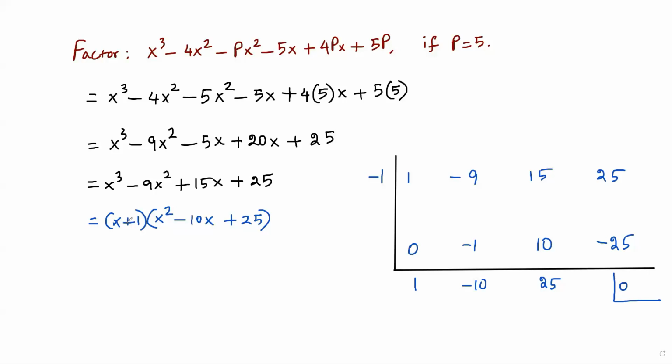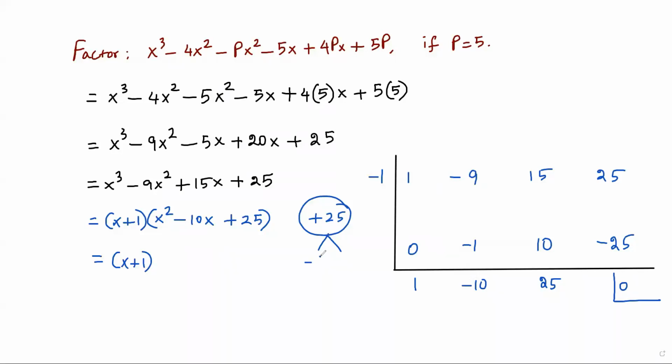Okay, now I got two factors of this cubic expression. Further, I can factor this one because it's a quadratic expression. So now I can factor positive 25. I have to get two factors for this positive 25 so that the product is equal to positive 25 and the sum is equal to the middle term negative 10.